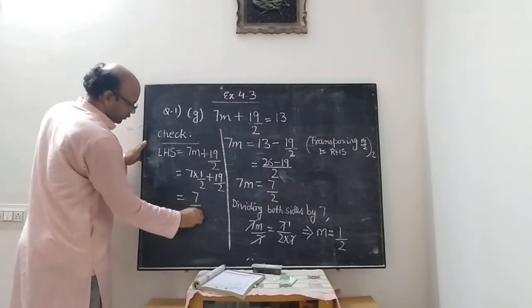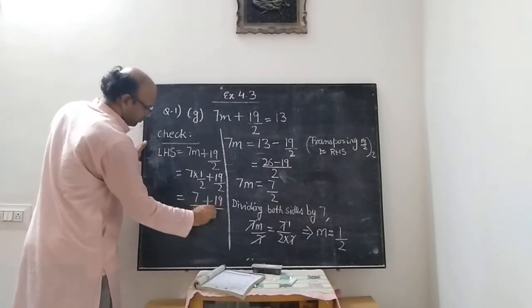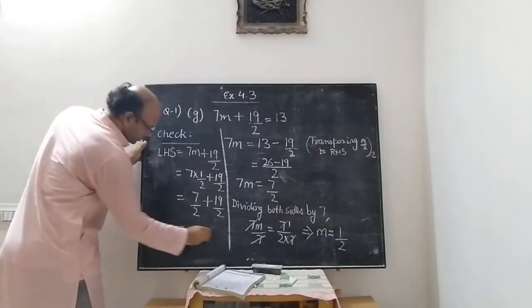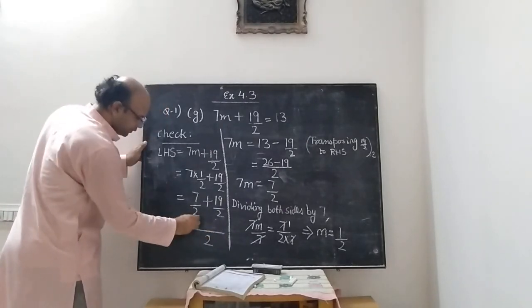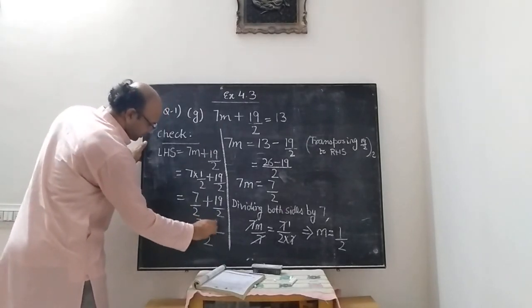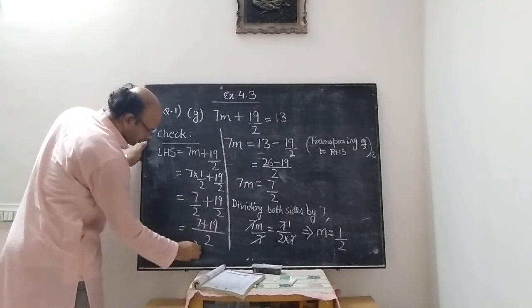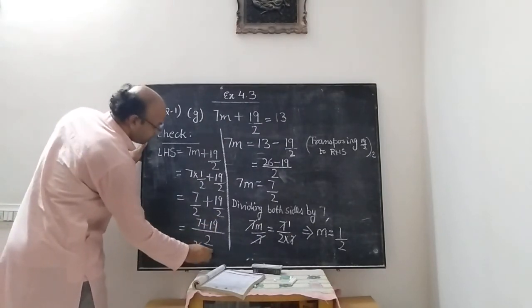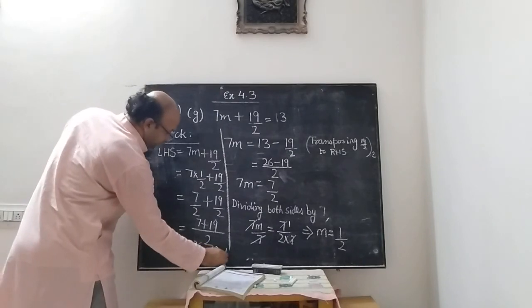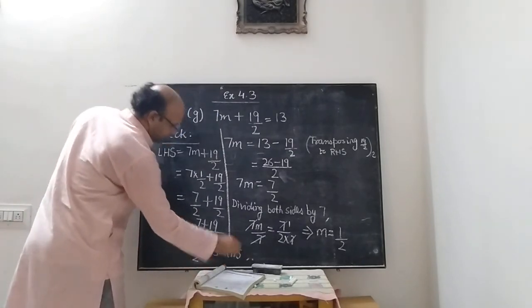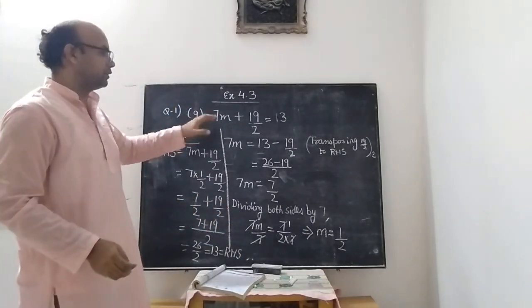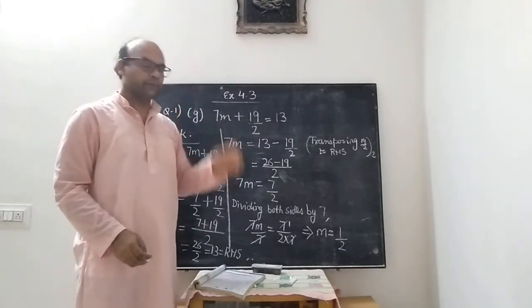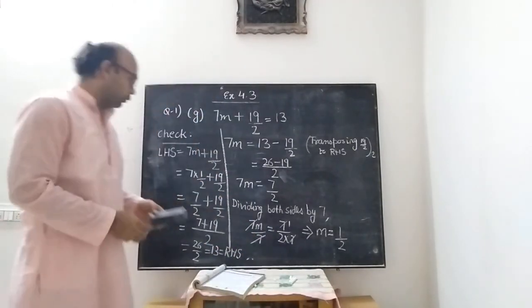This is 7 by 2 plus 19 by 2. We write it like this, 7 plus 19, so this is 26 by 2, which is equal to 13, equal to RHS. So our solution is now correct. We just take one more example.